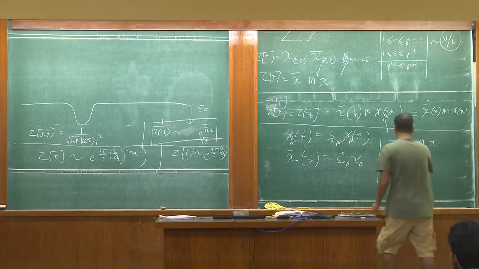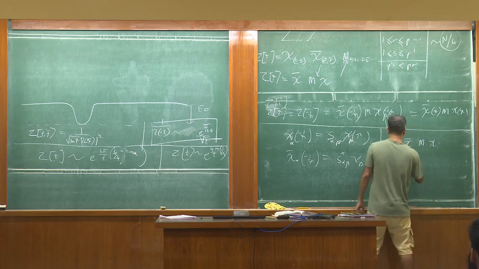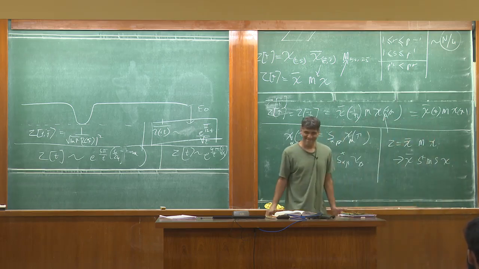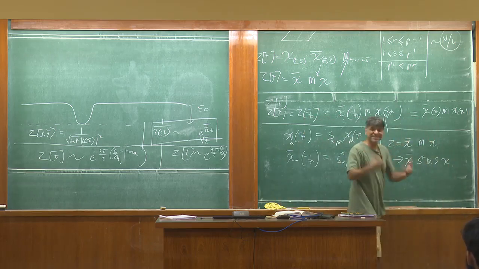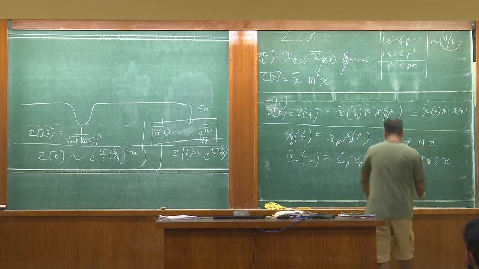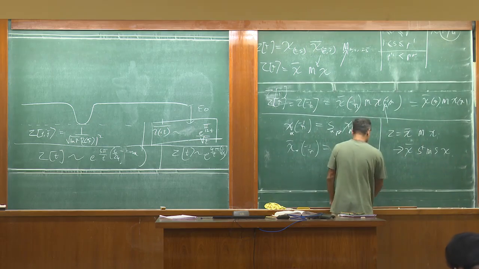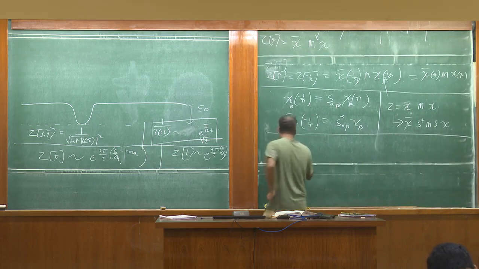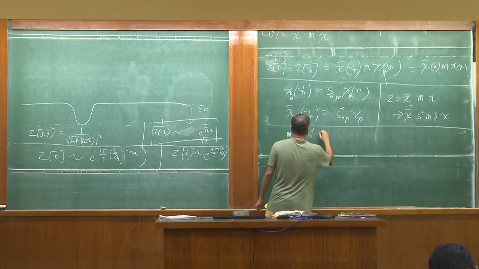So Z goes to chi bar S dagger M S chi. But it has to be the same. Z under tau goes to minus 1 by tau can't give us something different. So it must be that M is equal to S dagger M S.